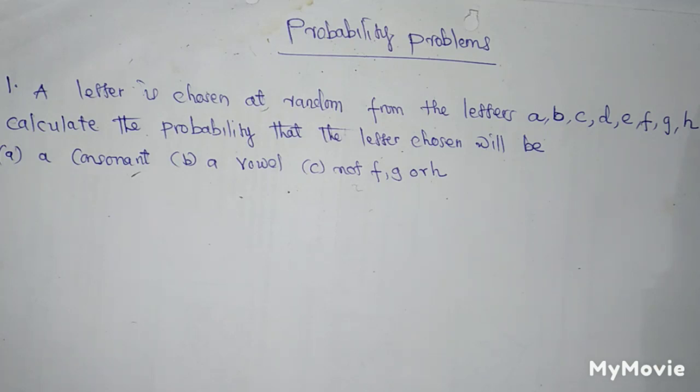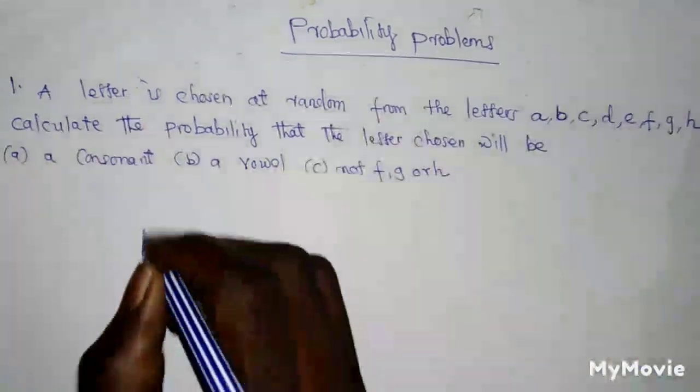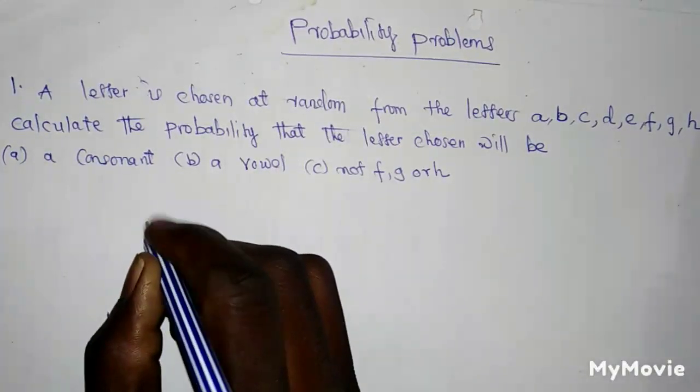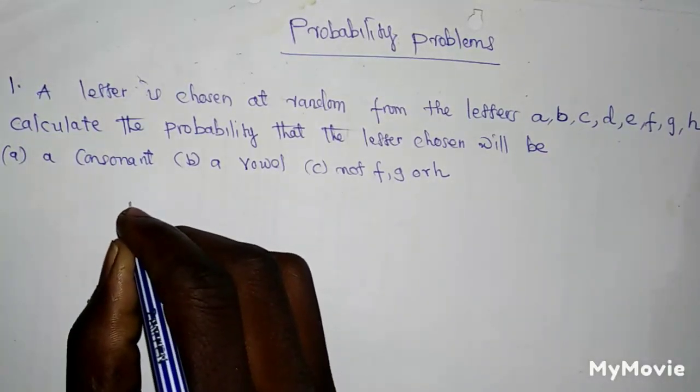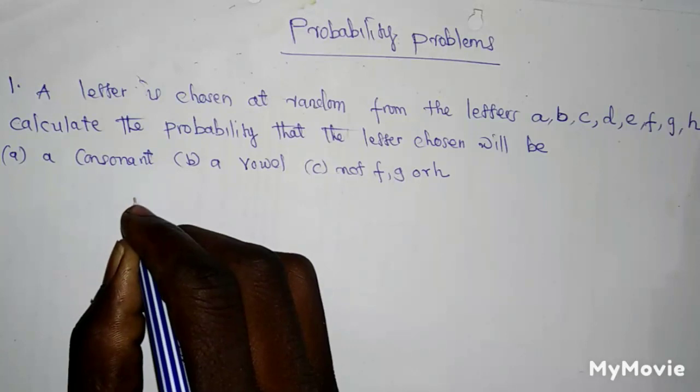Okay, so let us first make a possibility space. What is our possibility space, or what is the set of our outcomes?